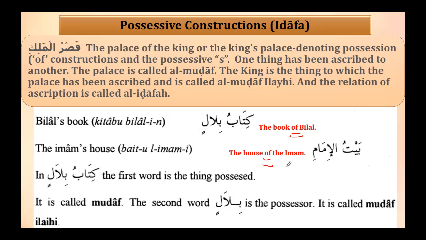House of the Imam, or in English, you can say Imam's house. In this case, Bilal's book with an apostrophe S. So these constructions are called idafa. They are possessive constructions. They show ownership. Baytul Imami, Kitabu Bilalin, Qasrul Maliki.